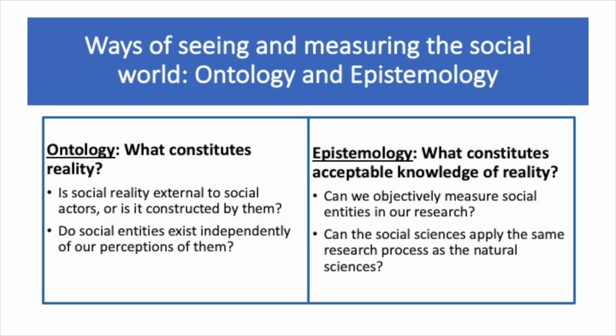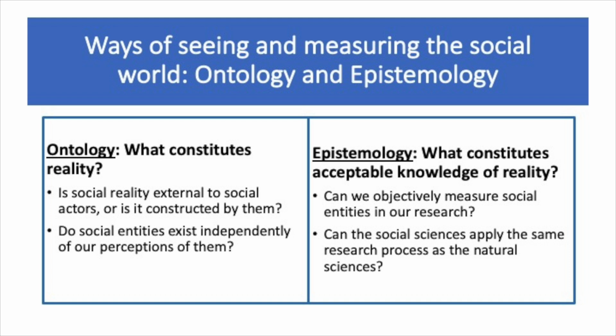On the other hand, if social reality is in the eye of the beholder, in other words, if social reality is constructed by social actors, then we might try a different research strategy. My idea of poverty and my understanding of it might differ from somebody else.